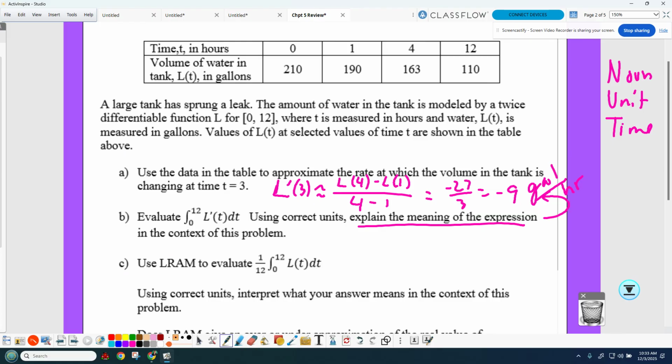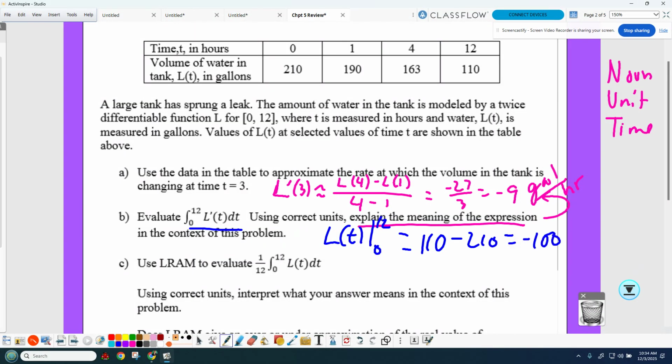Evelyn, how about B? How do I start B? Well, isn't it just, because the integral of the derivative is L, so 110 minus 210, -100.